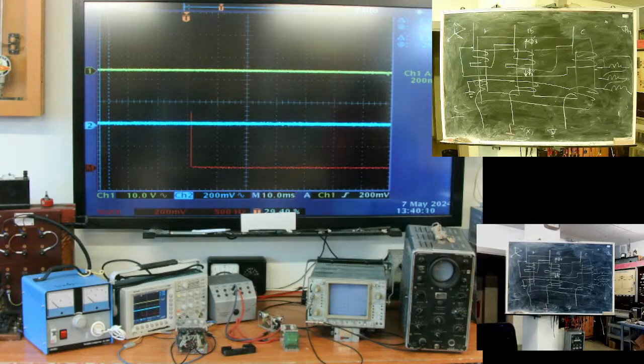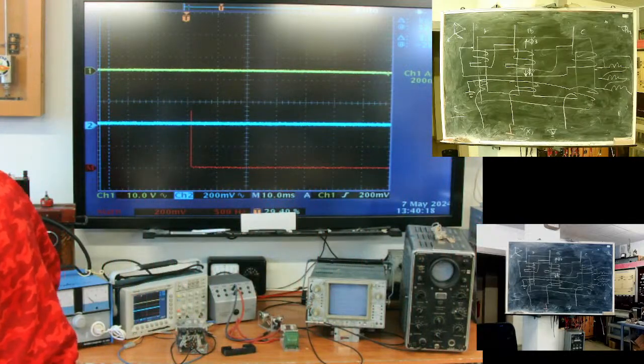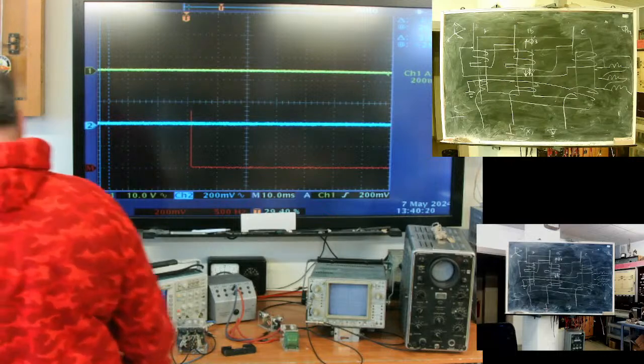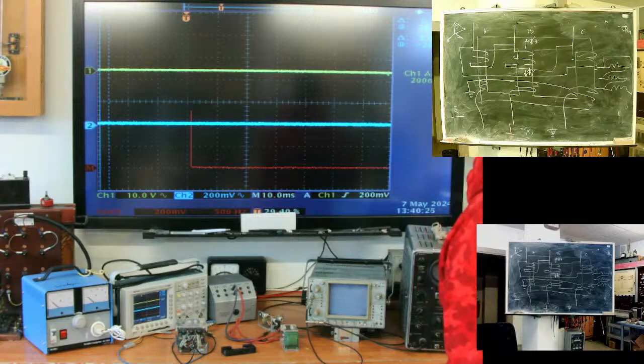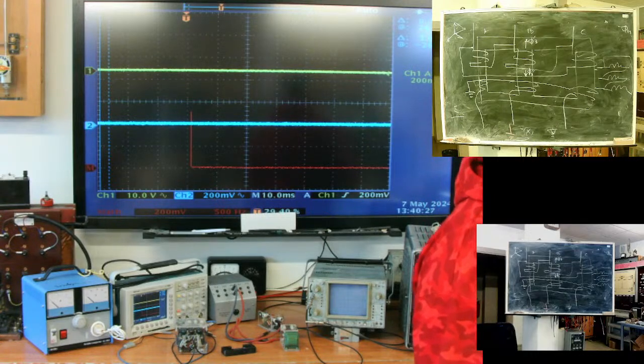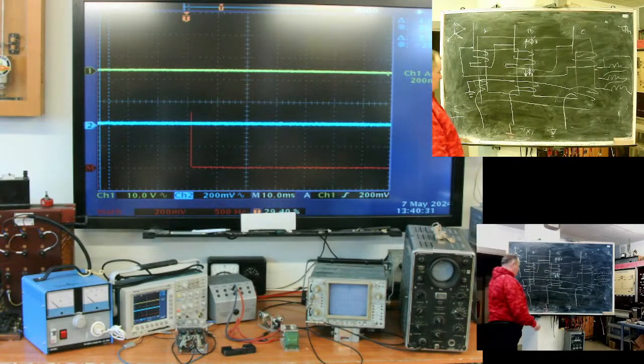So if you need good voltage and your distribution network is an isolated neutral network, okay, no problem, just connect your transformer not star, but delta star.